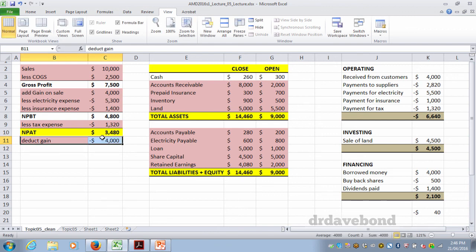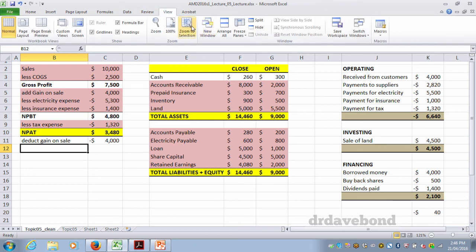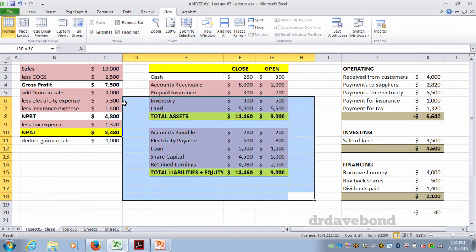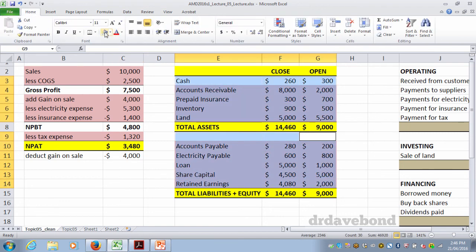Oh, that's going to come up in funny formats. Deduct gain on sale, minus 4,000. I'll get these so we can see the colors a bit better.